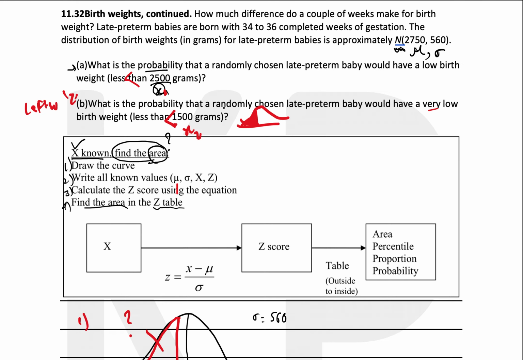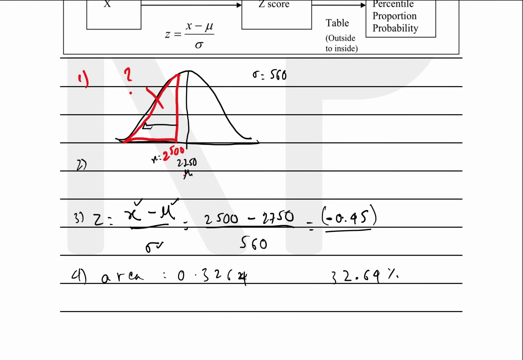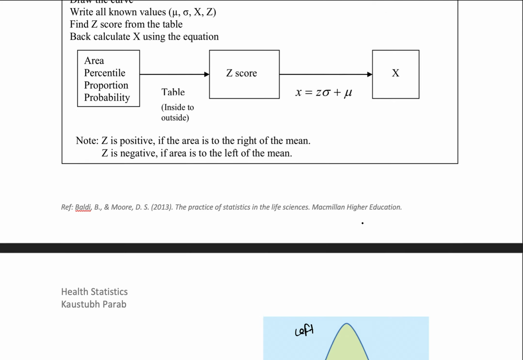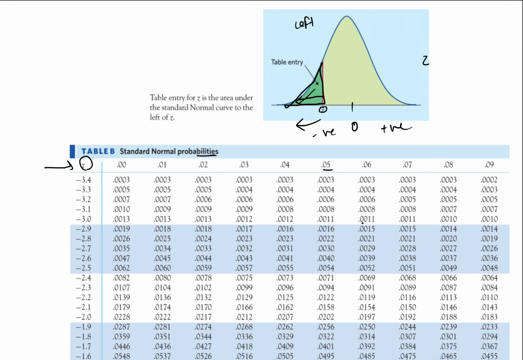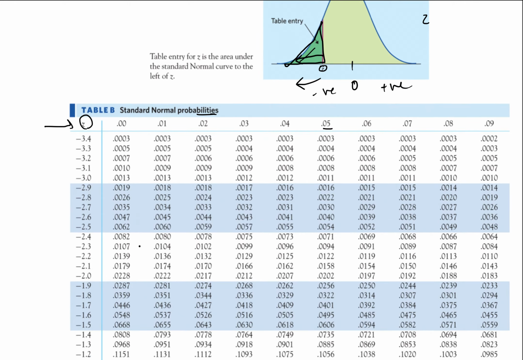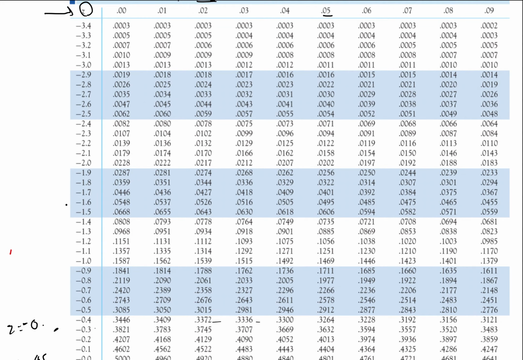So our z by calculation was negative 0.45. Locate that along the first column. Go all the way till you hit negative 0.4. Okay, we have negative 0.4 and we have negative 0.5, but we don't have negative 0.45. That's because that's the fine adjustment.